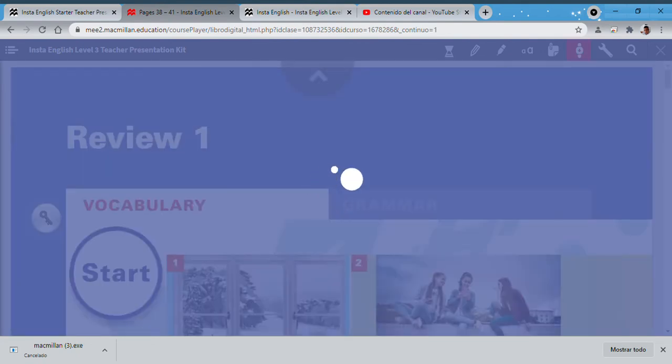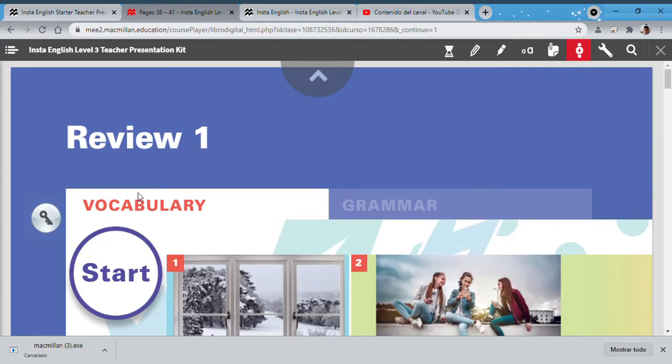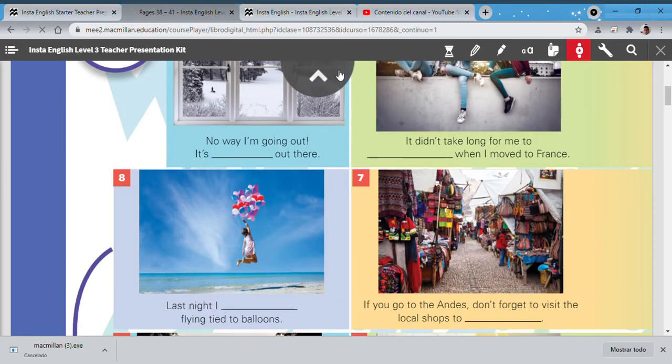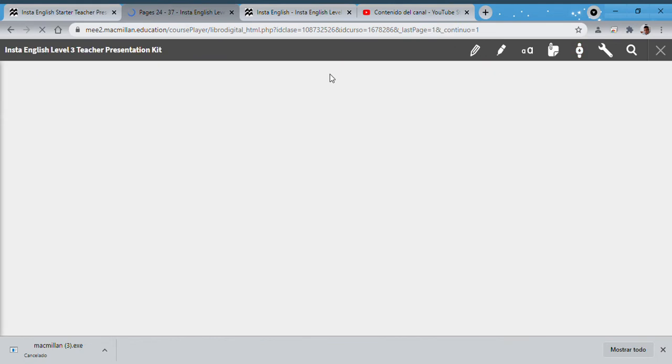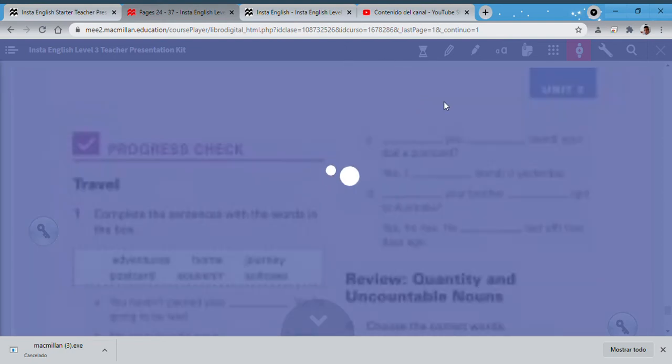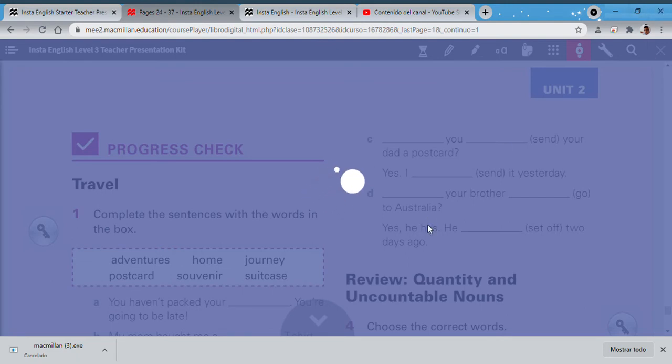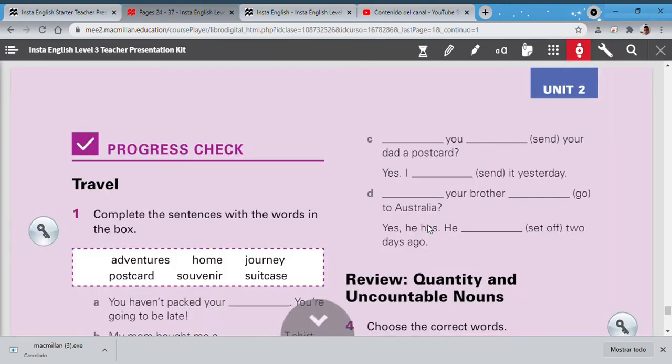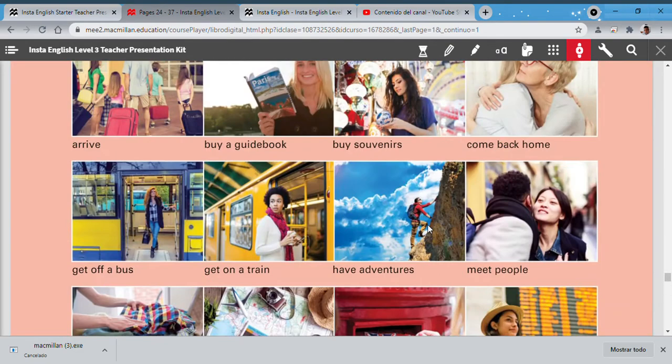So, excuse me, once again, this book, I don't know what happened with this book. It drives me crazy. Okay, with uncountable, you use a lot of. That is okay, there's no problem. You use, for example, some. That is good. And also, you use a little. Let me see.